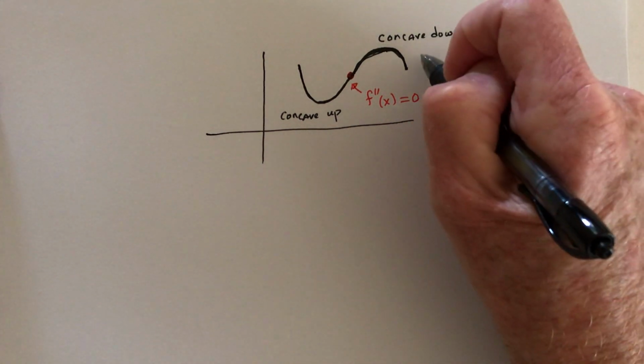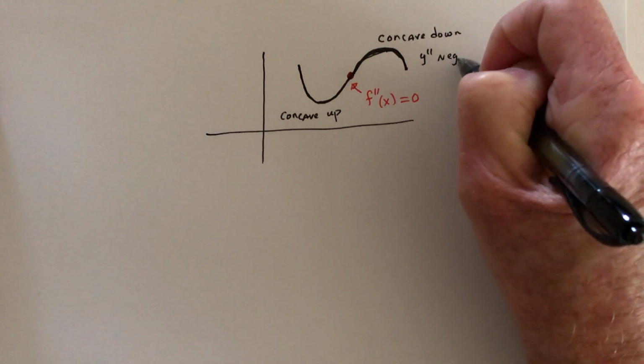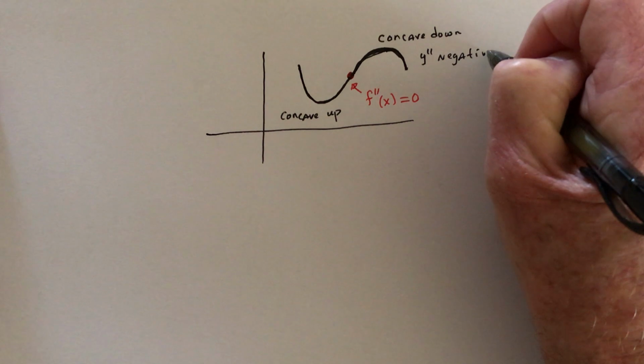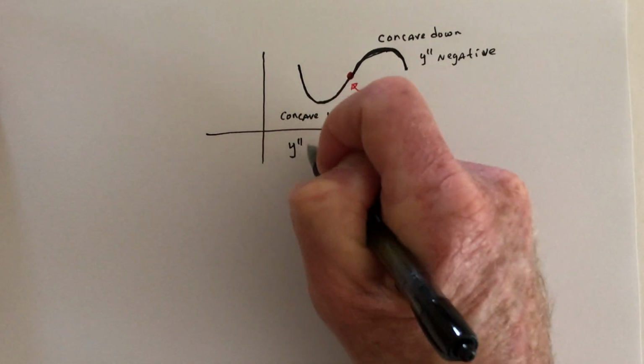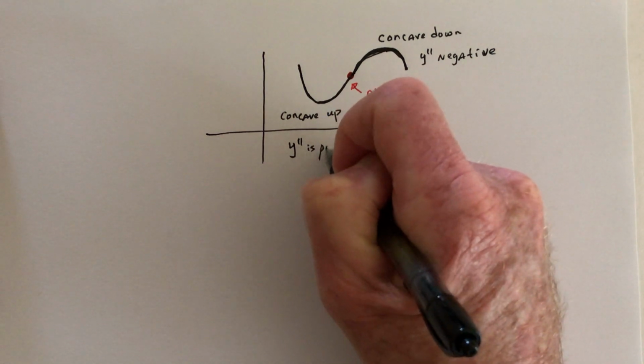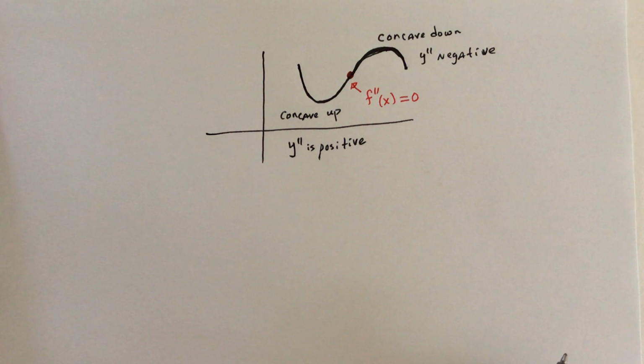And when it's concave down, the second derivative is negative. When it's concave up, the second derivative is positive. So basically we're going to go through the same steps that we did previously, except we're going to take the second derivative instead of the first derivative.